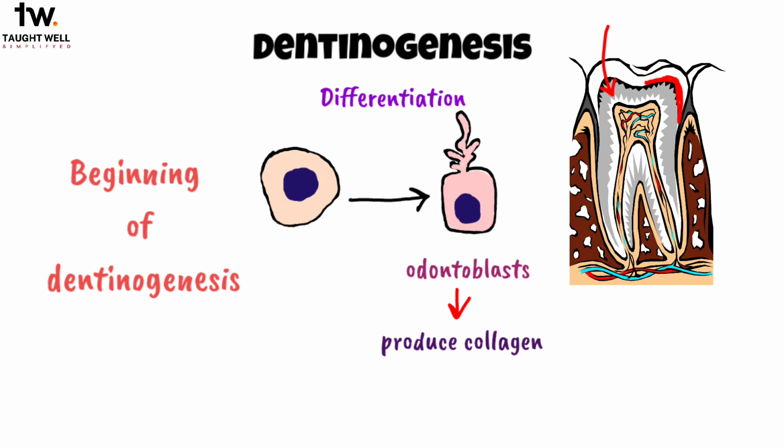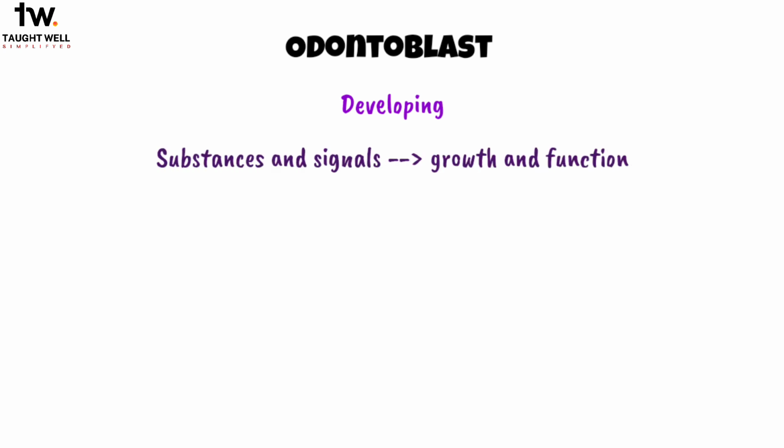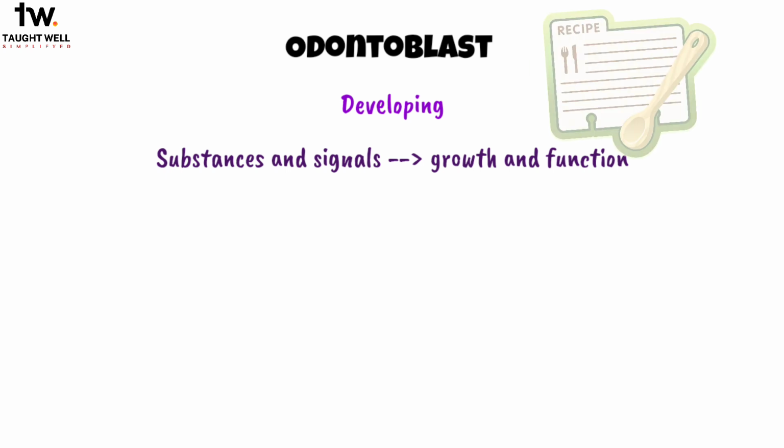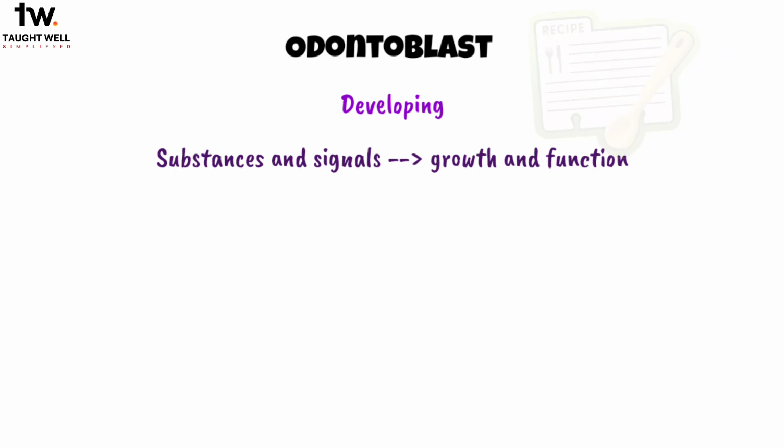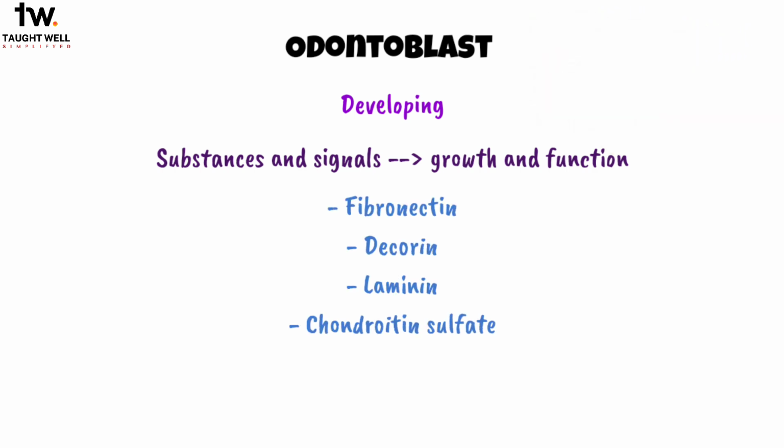When odontoblasts, the cells responsible for forming dentin in our teeth, are developing, they rely on certain substances and signals to guide their growth and function. Think of these substances like ingredients in a recipe or tools in a workshop that help odontoblasts do their job effectively. Firstly, substances like fibronectin, decorin, laminin, and chondroitin sulfate act as helpers or assistants.